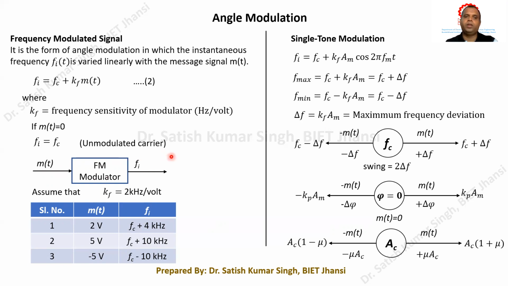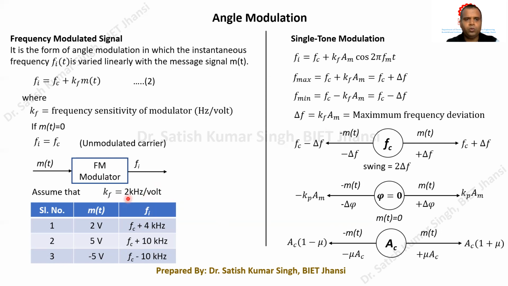Let us suppose Kf, the frequency sensitivity of the modulator, is 2 kilohertz per volt. It means it will change the frequency of the carrier by 2 kilohertz per volt of our message signal.